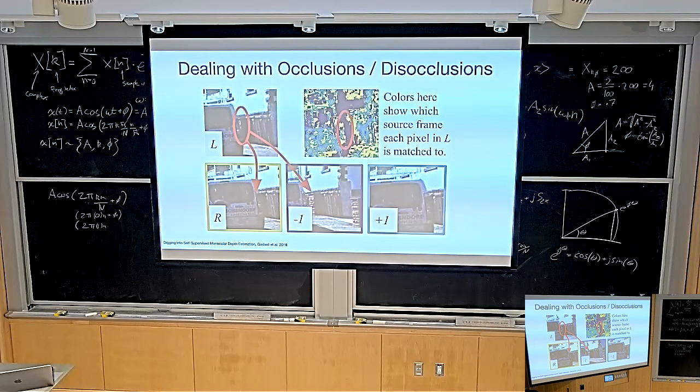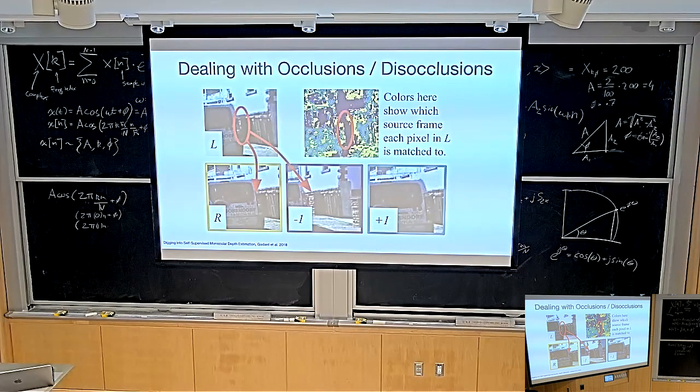So I guess in this case, the camera moved to the left, which is a little bit confusing because you would usually expect the car to go forward. But what happens here is that you're looking at the car like this, and then the camera moved to the left. So the car was close, and then the camera moves to the left, and the car goes from here to there to there, increasingly occluding the background.